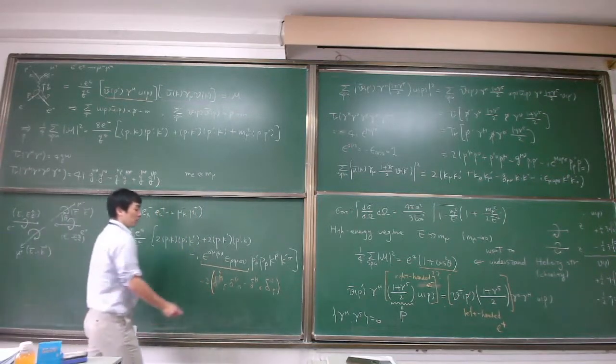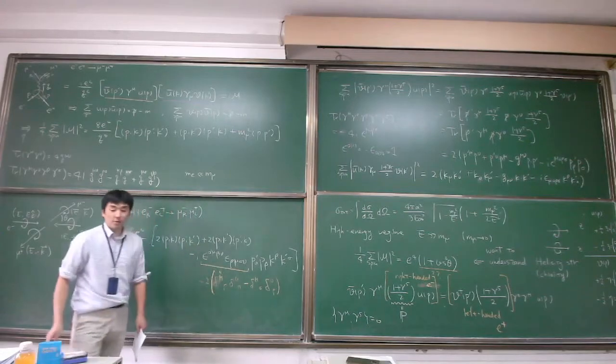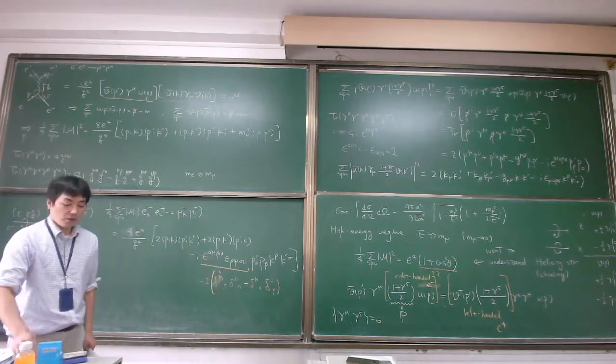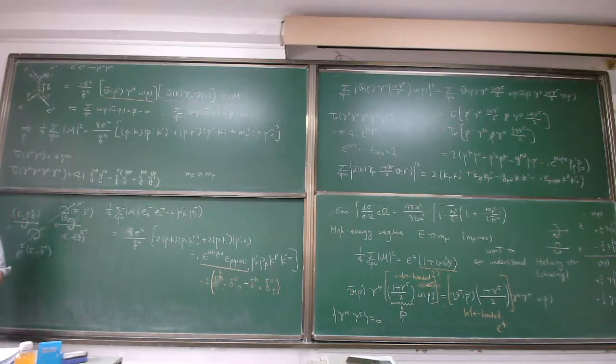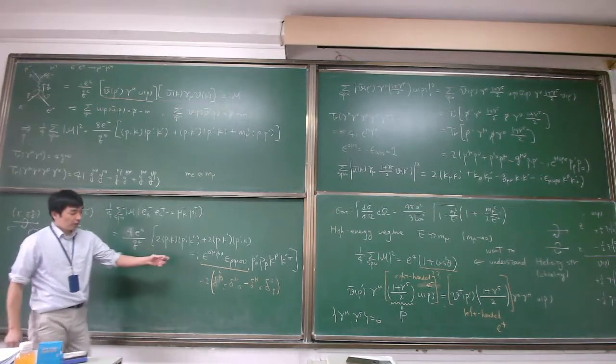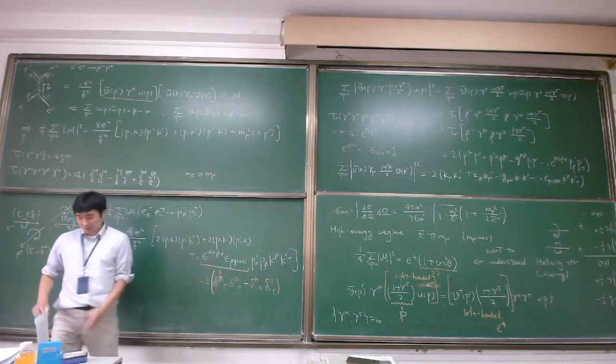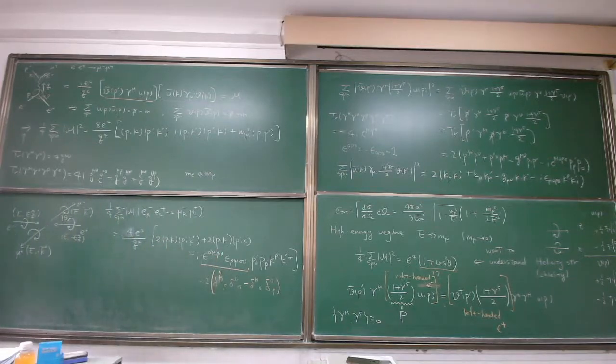Okay, so this contraction of epsilon tensors will give you delta. You can just accept that, or if you're diligent enough, you can take this identity and derive it.